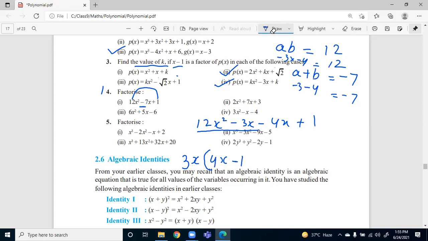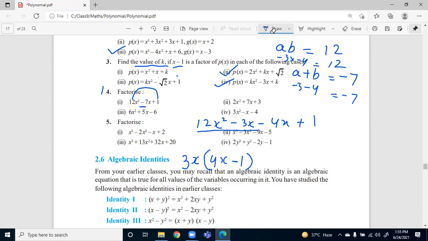Ma'am, but 3x is there in the question also, it will be 4, right? I did not understand what you say. Ma'am, why have you taken 3x outside the bracket?